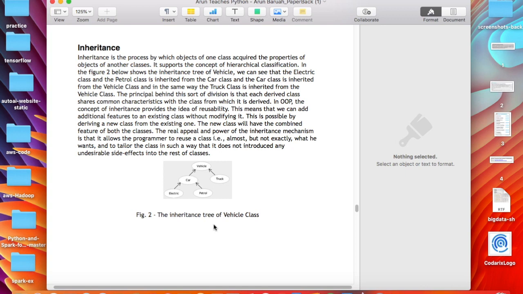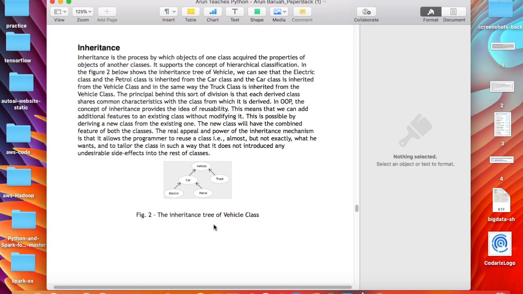Inheritance is a process by which objects of one class acquire the properties of objects of another class. It supports the concept of hierarchical classification.